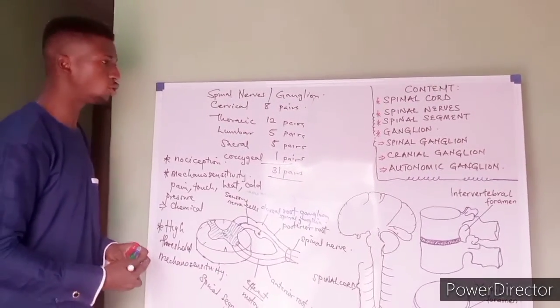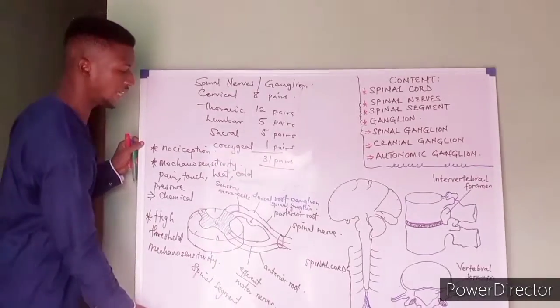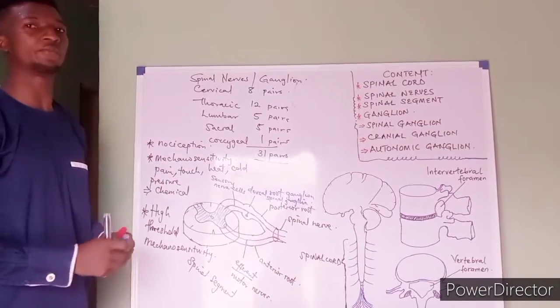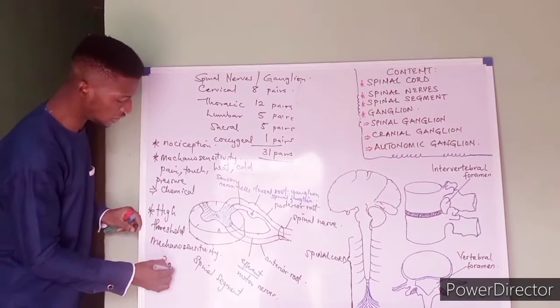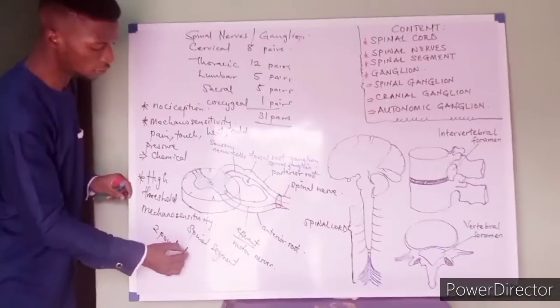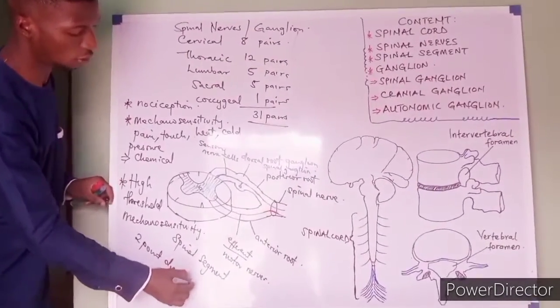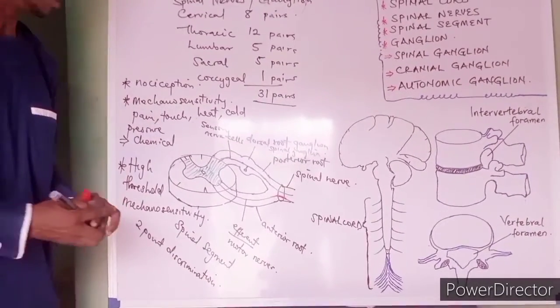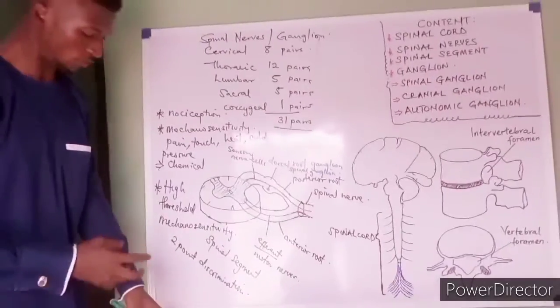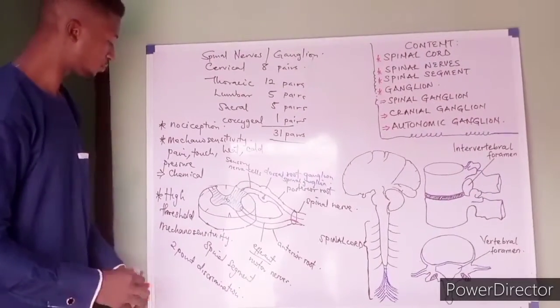What are the high threshold mechanosensitivity stimuli? For example, 2-point touch discrimination can occur here. When I touch 2 different points on your body, you'll be able to specify one point from the other.